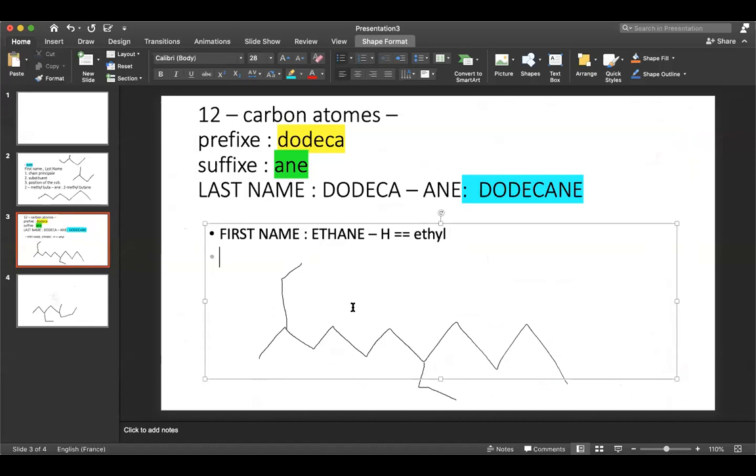It is a methane. A methane with this line means one hydrogen atom less. It's going to be called methyl.